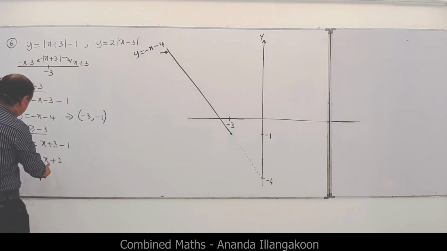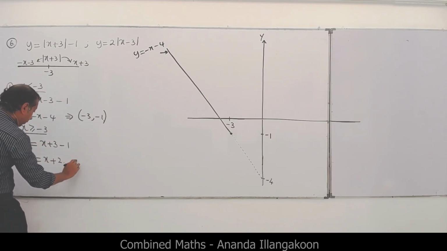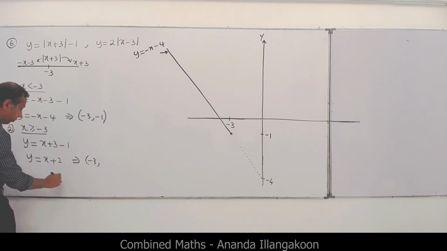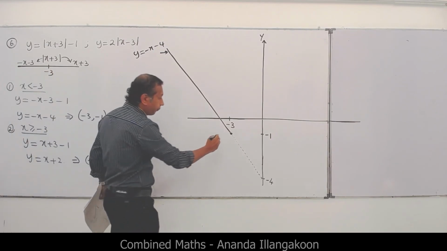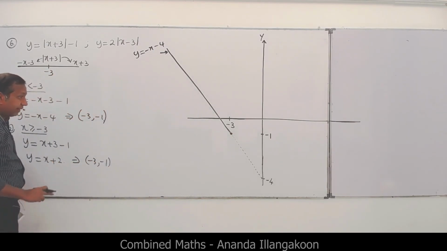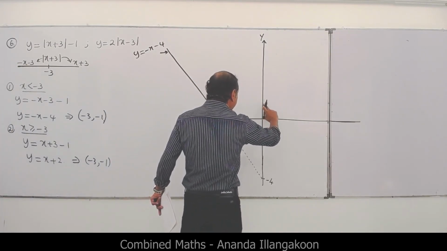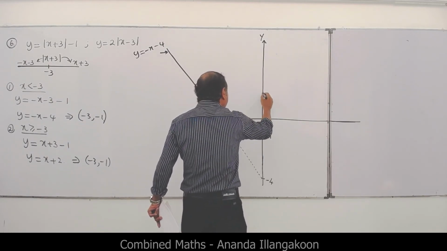For the other one also, when I put x equals minus 3, minus 3 plus 2 is minus 1. That also starts from this point. For that one, the second point we can take is its intercept 2. So 2, we can take 1, 2 somewhere here. Then that passes this way.